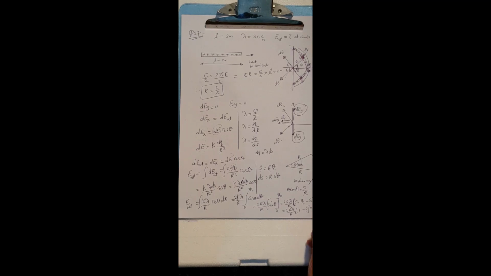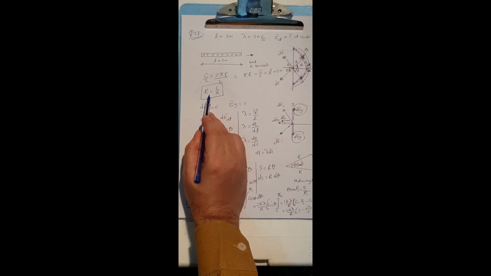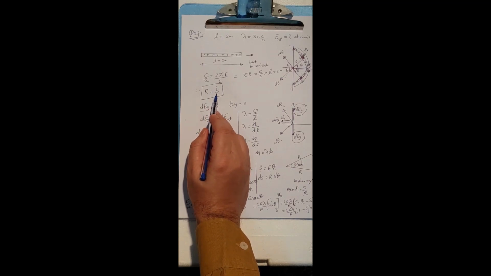Now k is known, lambda is known, r is unknown. How do we find r? Of course, we found it from here. It's 2 over pi.